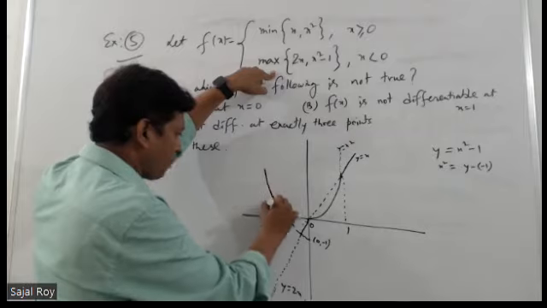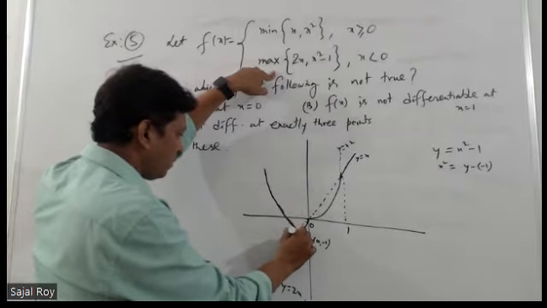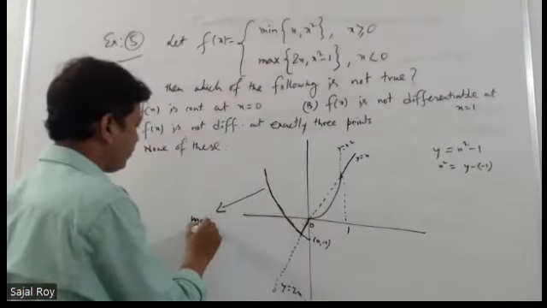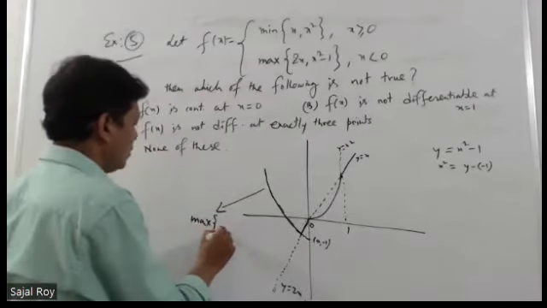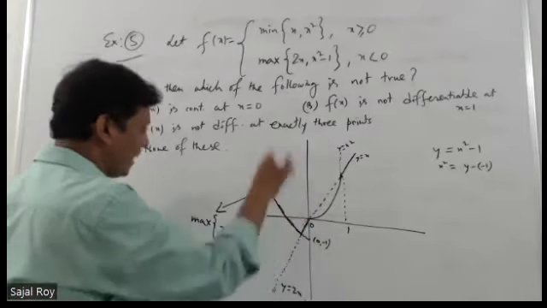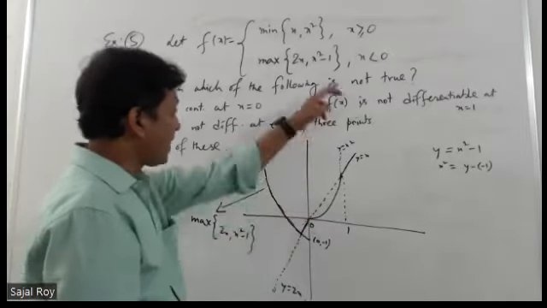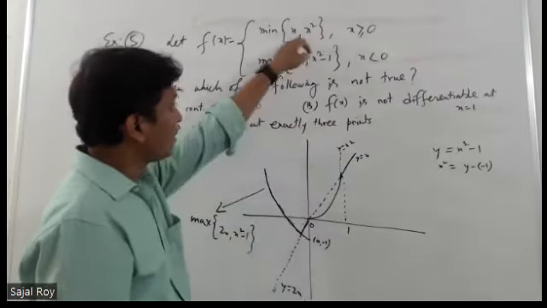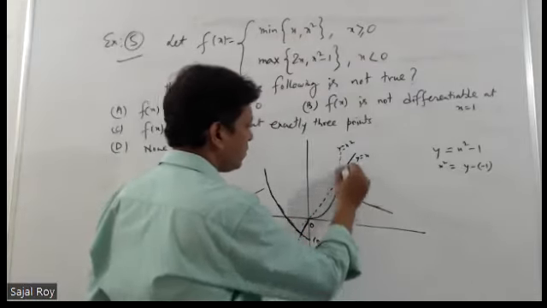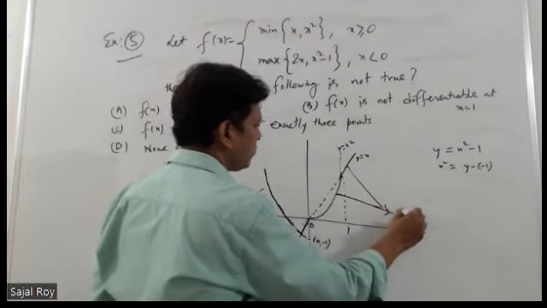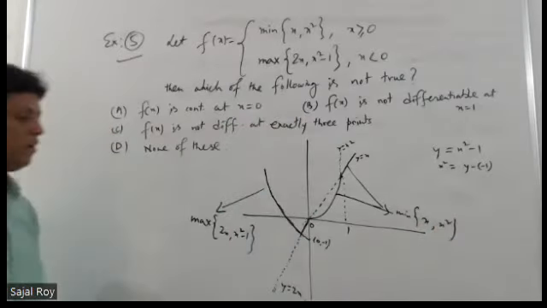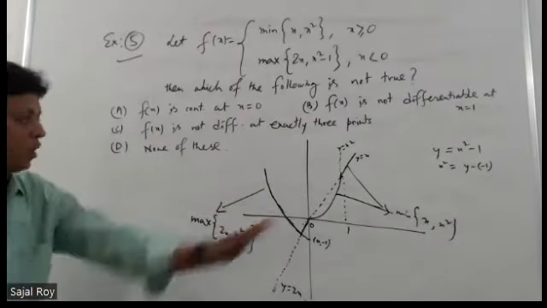This is the maximum portion, the max of 2x comma x square minus 1 for x less than 0, and to the right you have the minimum of x comma x square. Okay, clear? This is the max portion, this is the minimum portion.